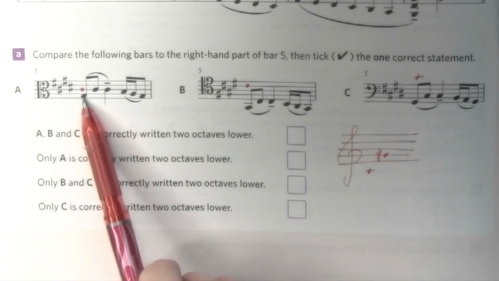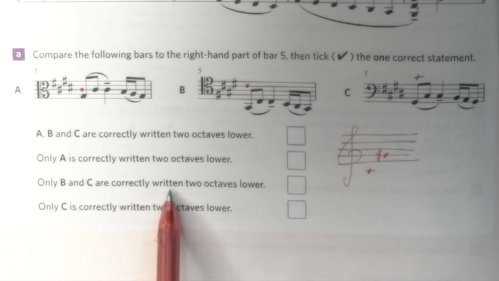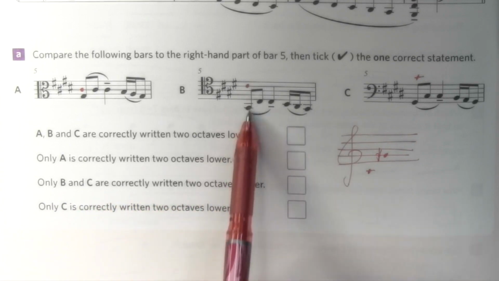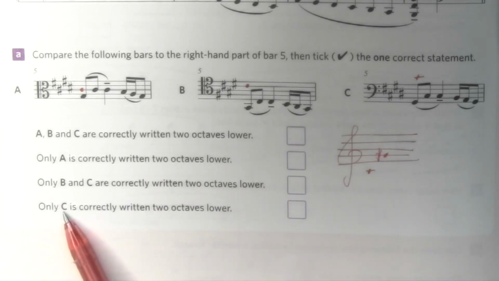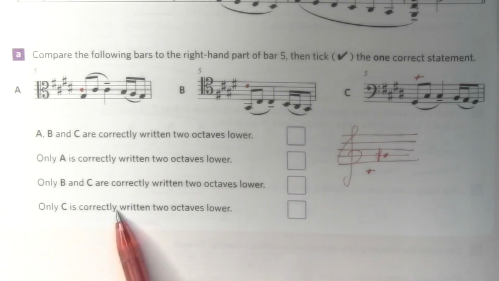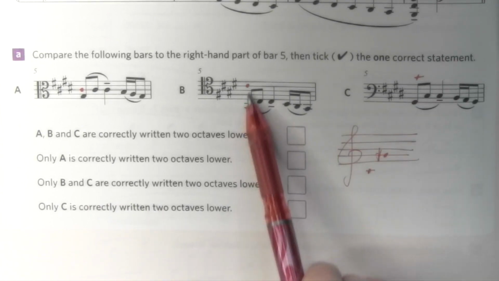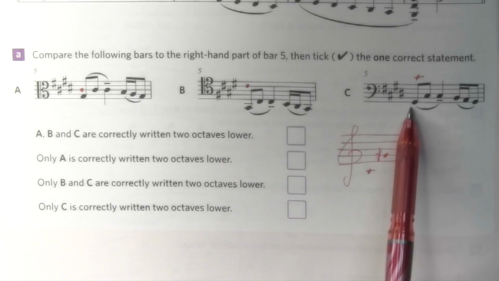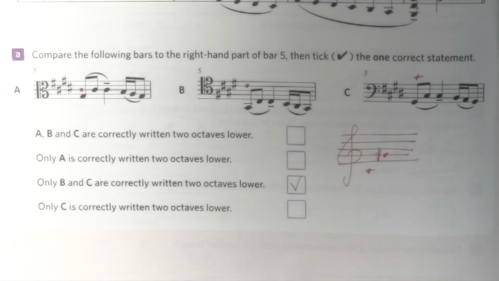No, this is just one. Only B and C are correctly written 2 octaves lower. Yes. Let's see if we can exclude this one. Only C is correctly written 2 octaves lower. No, because also these two are the same notes. So our correct answer is the third.